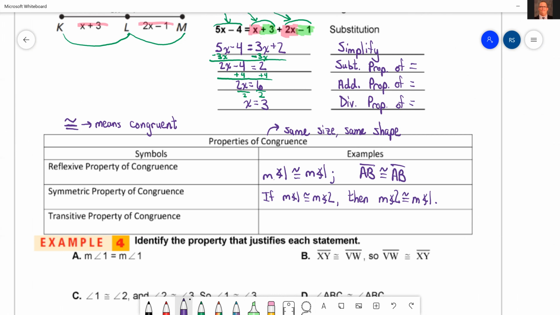Okay, last property is transitive property of congruence. So, I don't want green, I want to stay with purple.